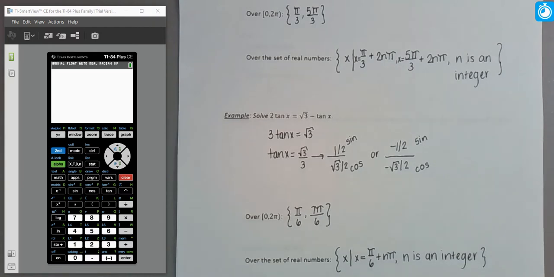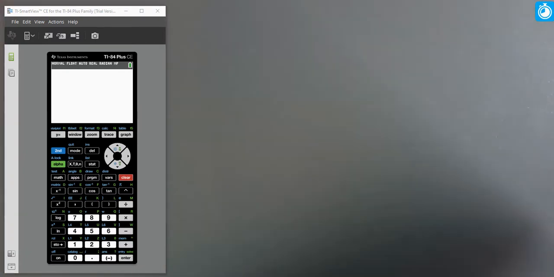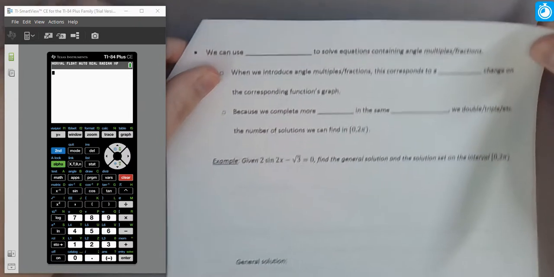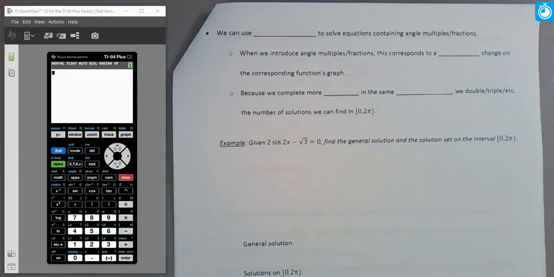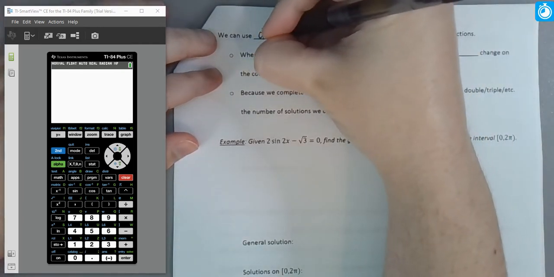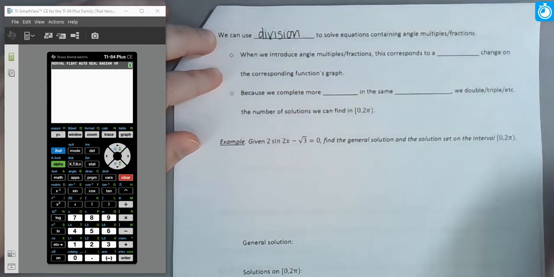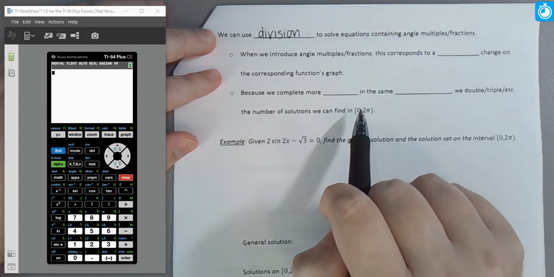Let's add in one layer of complexity. Let's change up the structure of the equation just a little bit. So now we're going to look at equations where we have a coefficient on x, where something is multiplied by x. So we're going to use some additional division to solve equations that contain angle multiples or fractions.